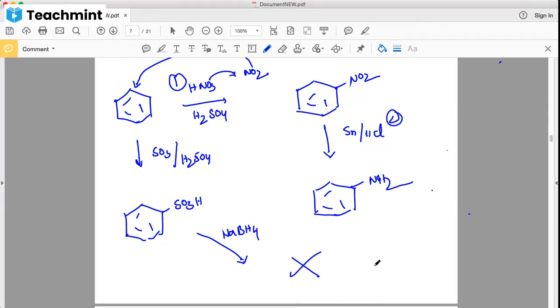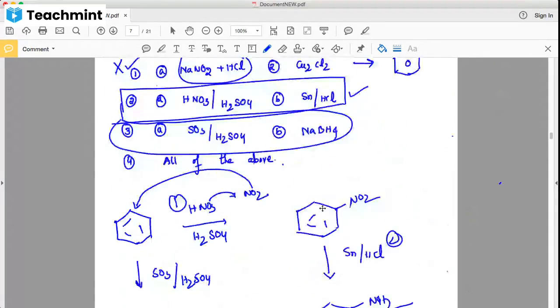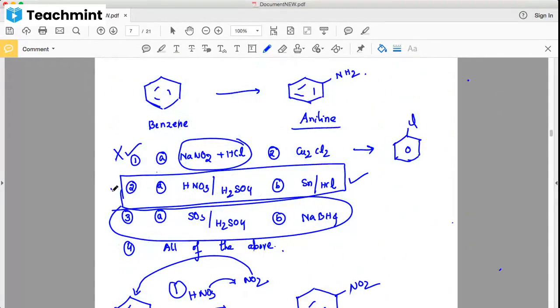Sodium borohydride is a reducing agent, but SO3H can never react with sodium borohydride. So the correct option is the second one. Aniline is the second option, the correct answer.